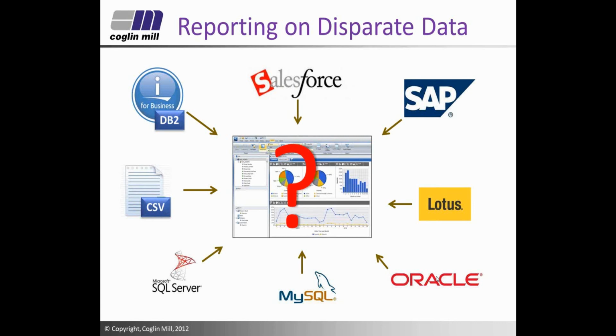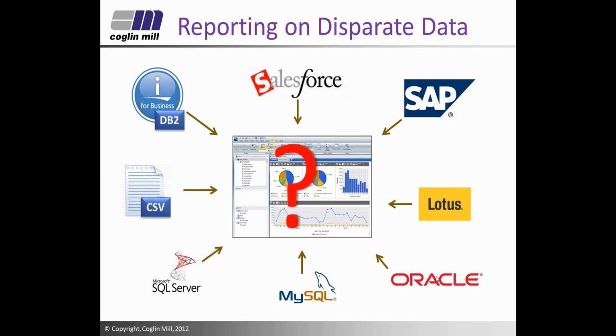I would expect that a lot of your data is DB2 for i, but we're seeing increasingly people having other databases such as Oracle, SQL Server, or MySQL, and in the last few years we've got data in the cloud, in Salesforce. We might need to pull in data in a flat file or delimited format coming from some outside provider. Or maybe we're using tools like SAP where you can't even access the database directly. You need to use APIs to go and get the data that you need. So all of these significantly complicate the reporting challenge.